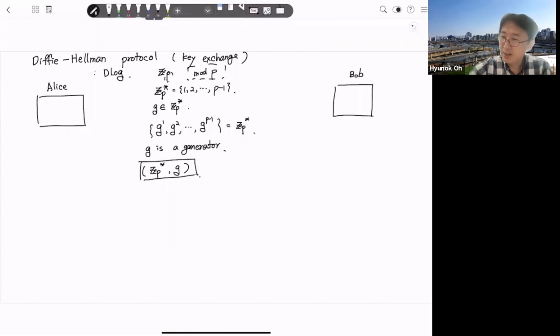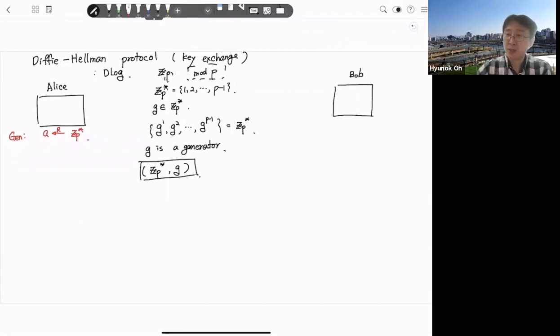Then Alice generates the public key and private key, right? Using the keygen algorithm, Alice generates two keys. To generate the key, Alice takes a random number a between 1 and P minus 1, from Zp star.